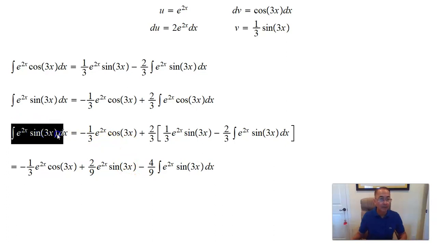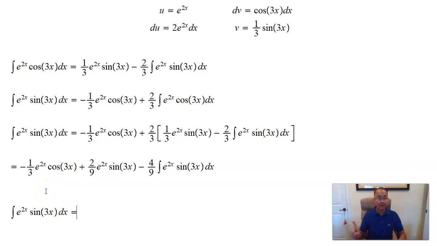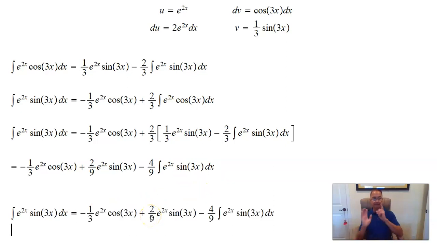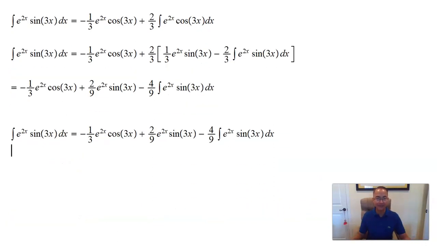Where are we so far? This is the original integral that we are looking for. We said that it is equal to this. Okay, that's where we are so far. So this is where we do something a little bit different.